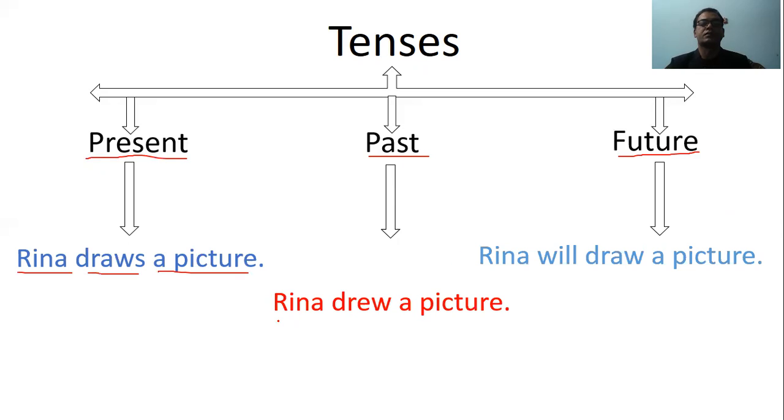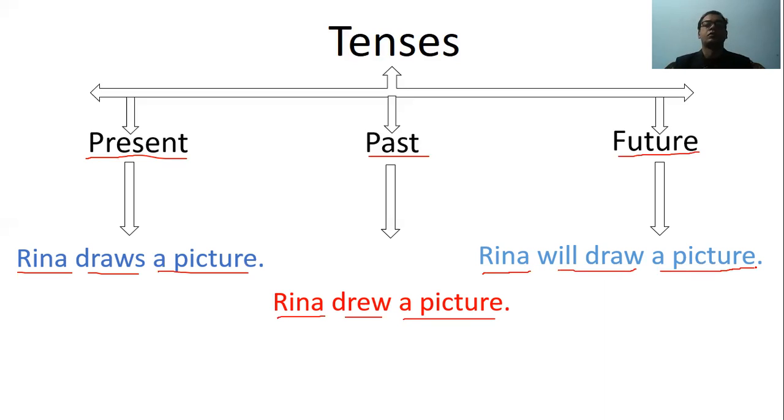Past tense: Rina drew a picture. Here also 3 parts. And future tense: Rina subject will draw verb and object a picture.